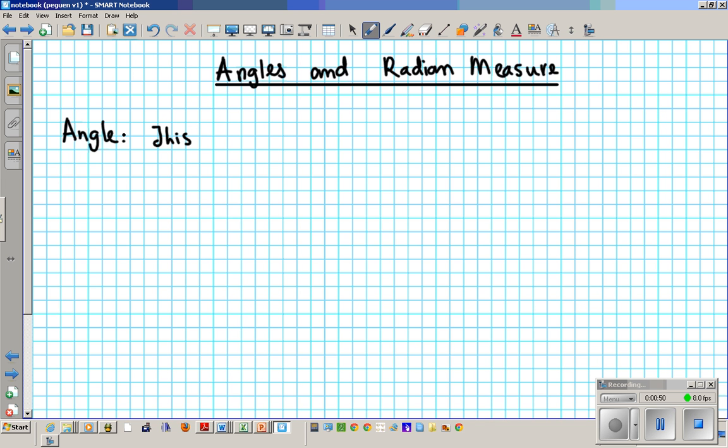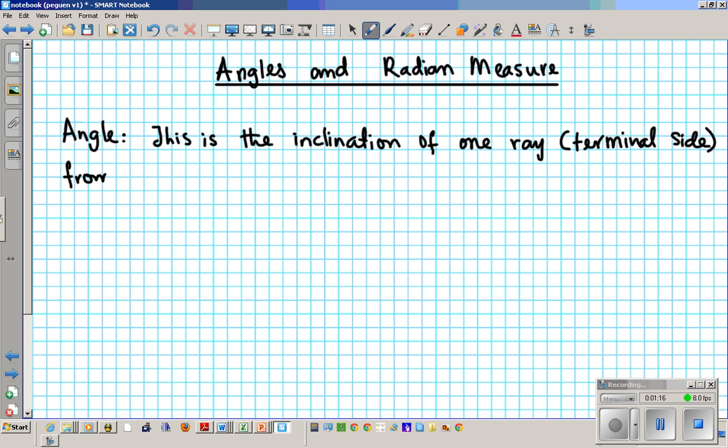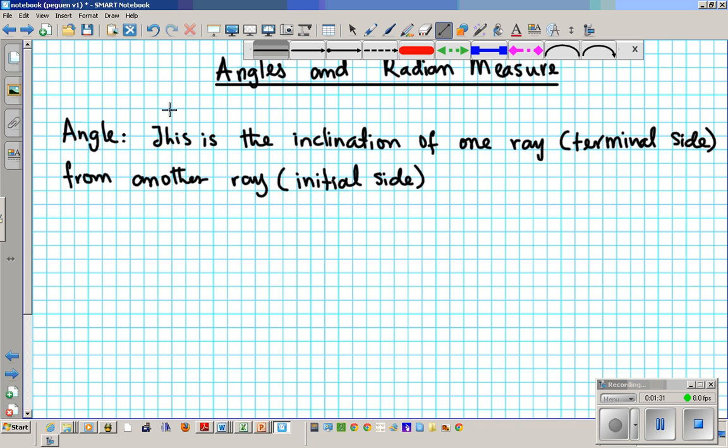This is the inclination of one ray known as the terminal side from another ray known as the initial side. Okay, so that's the definition of basically what an angle is.